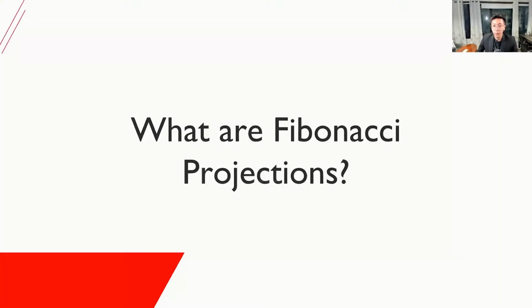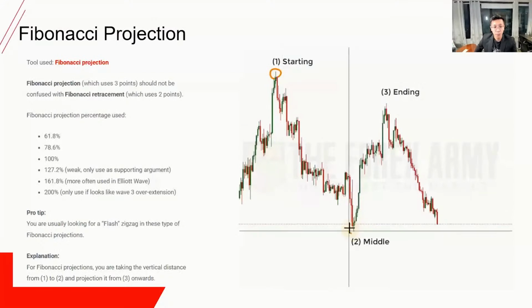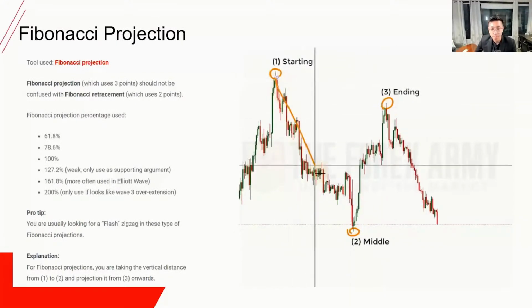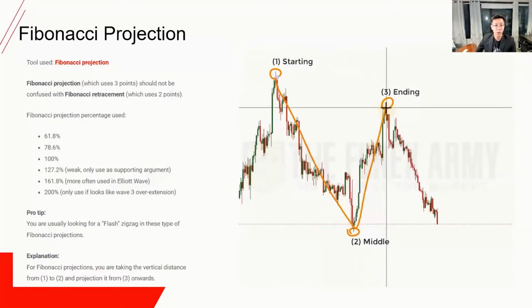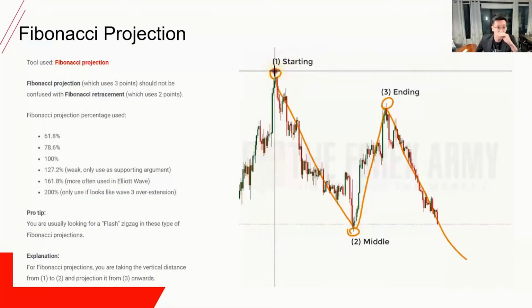So what are Fibo projections? Very simple. Fibo projection should not be confused with Fibo retracement, because Fibo projection uses 3 points, while Fibo retracement uses 2 points.